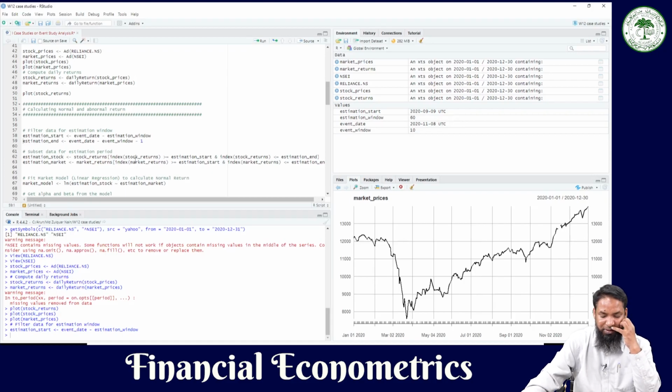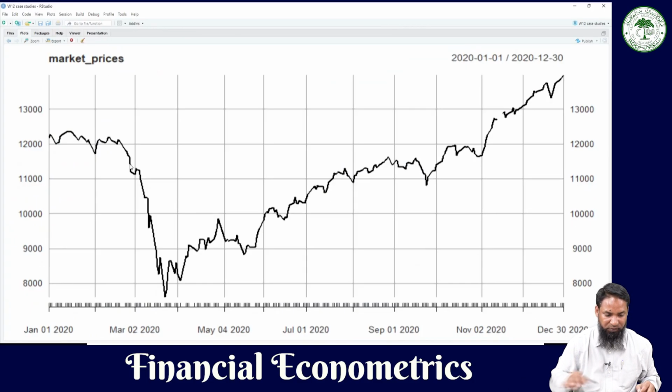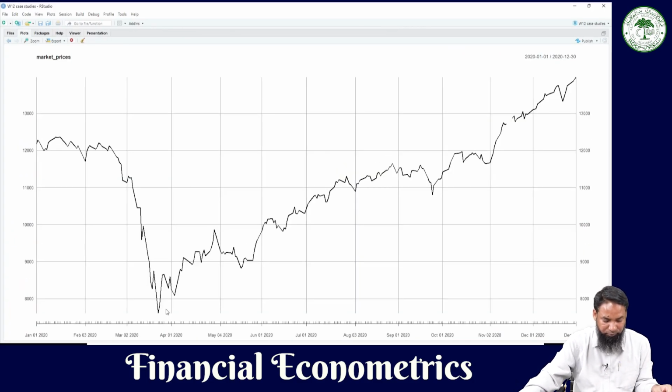To understand that, let us take the graph here. So here we can see that from September 9th, from this point we have the estimation window.